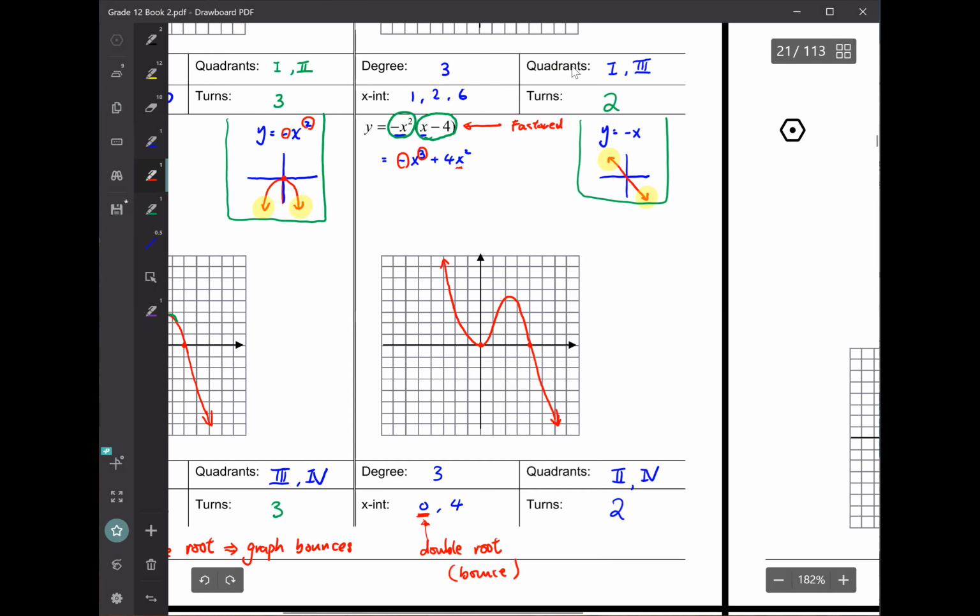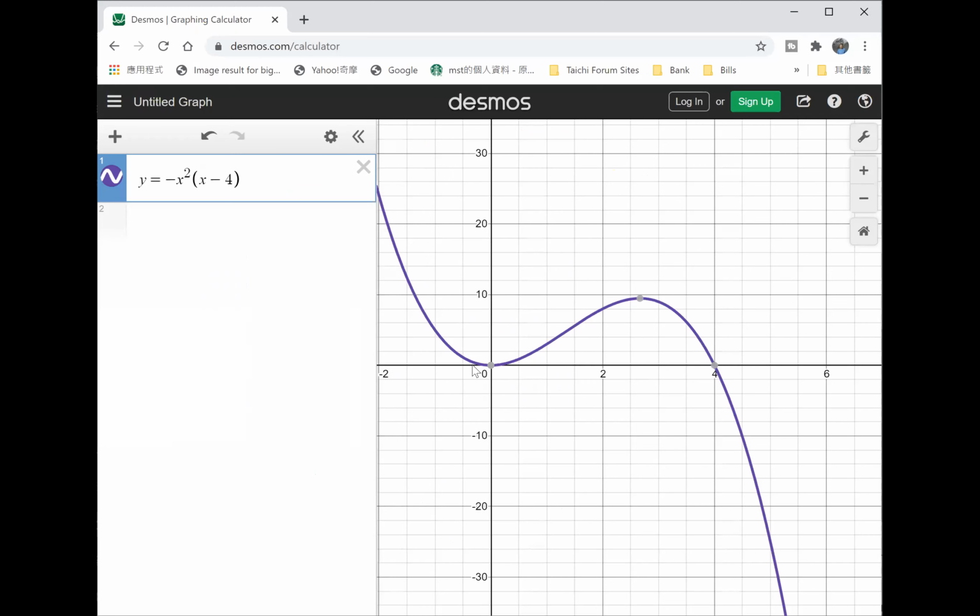Let me share the screen again. Decimals, I already typed it out. So there you go. This one you can see it bounces at 0 and then goes up almost hitting 10, 9.481, and then goes through 4.